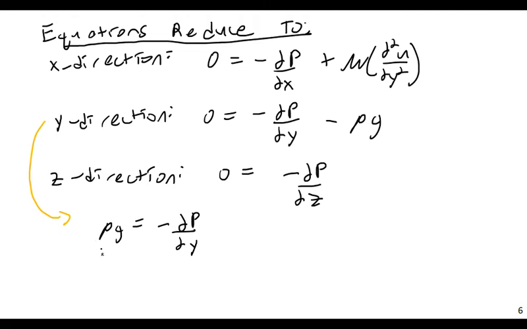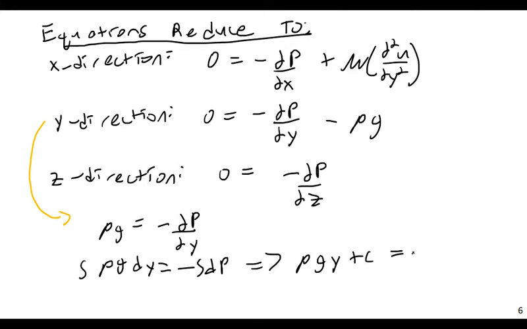And then if I bring this over here, rho g dy equals negative dp. I take the integral of both sides, and I get that rho gy plus c is equal to p.